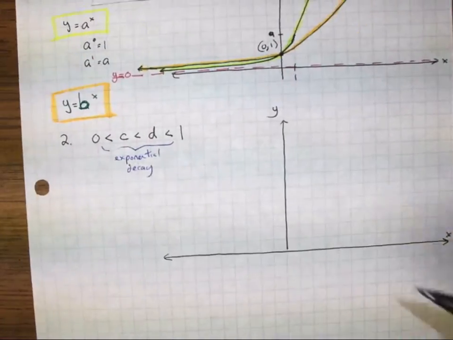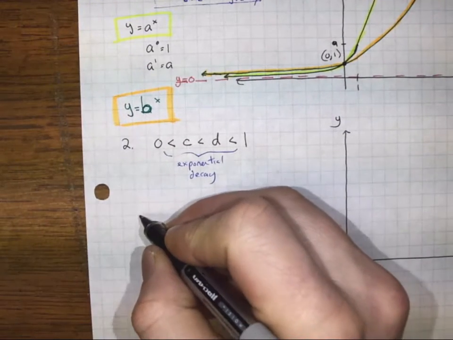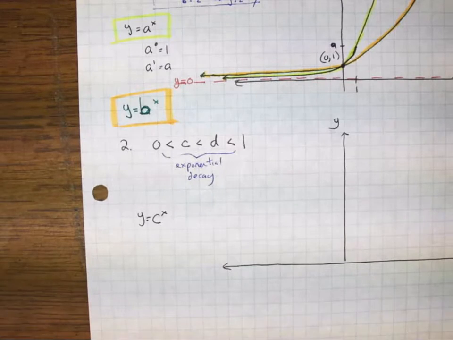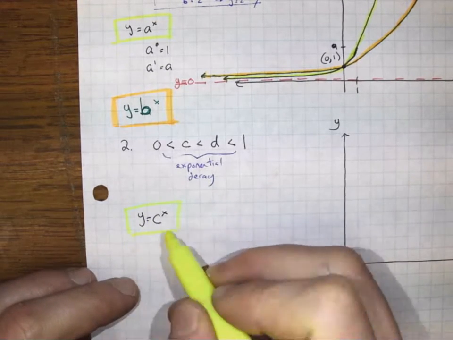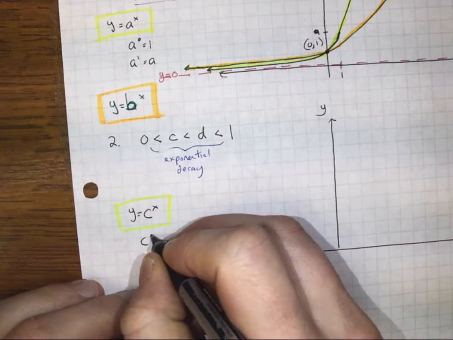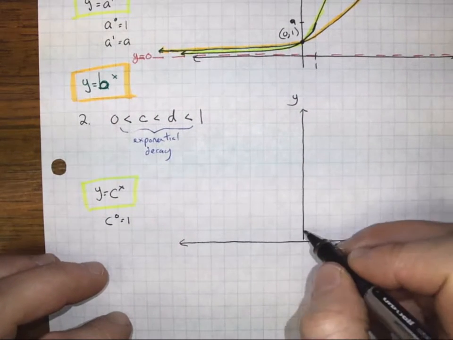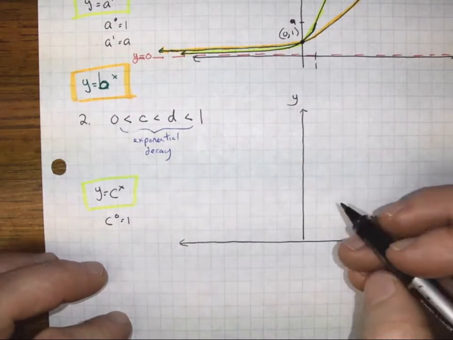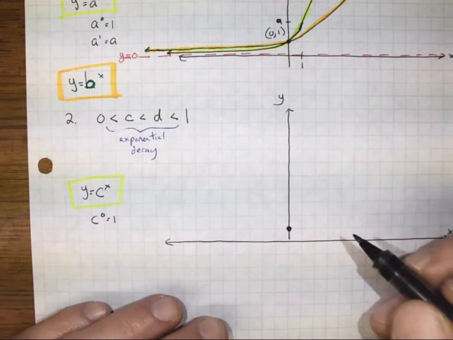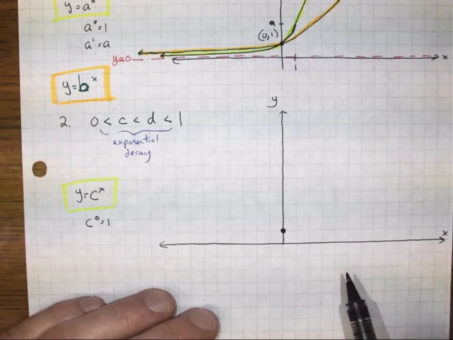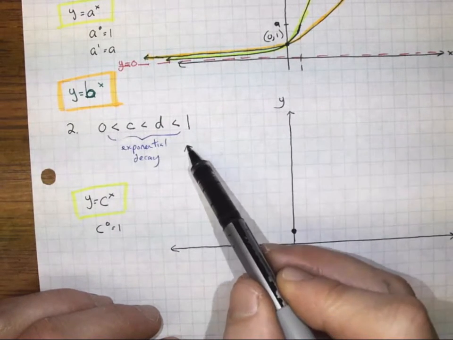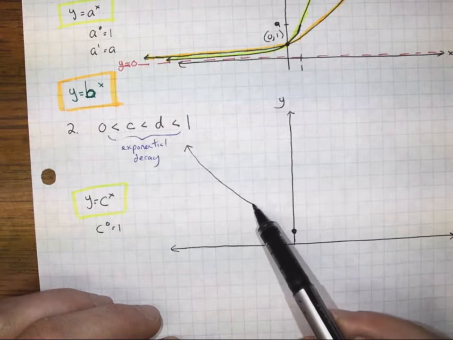So let's start with C. We'll do y equals C to the power of x, which I believe I used a yellow highlighter for. One thing we still know is true is that C to the power of 0 is 1. So I know when I graph my C curve, I'm going to have a point here at 1. Other than that, I don't really know much, so I'm just going to draw a curve like this.